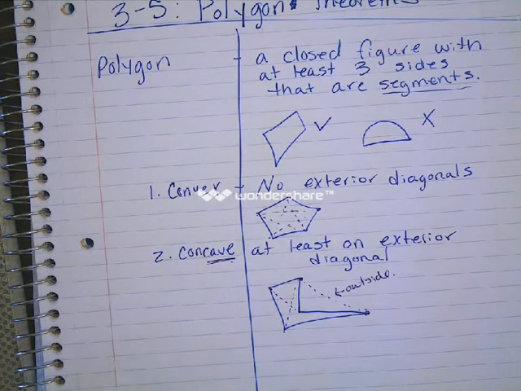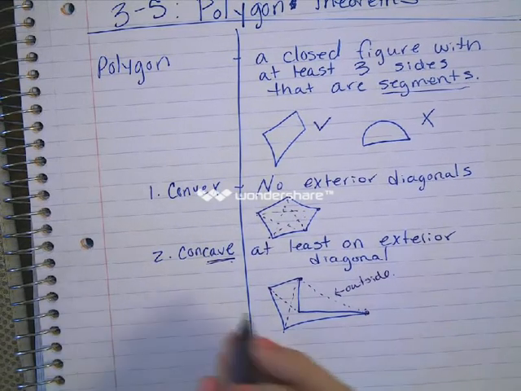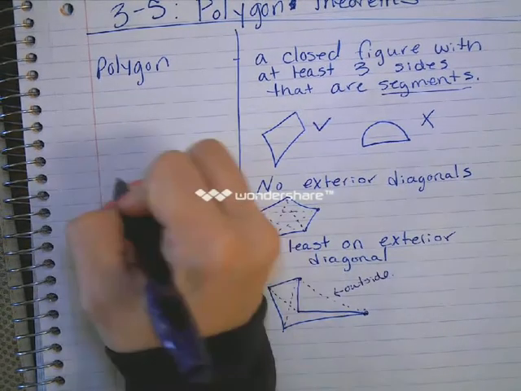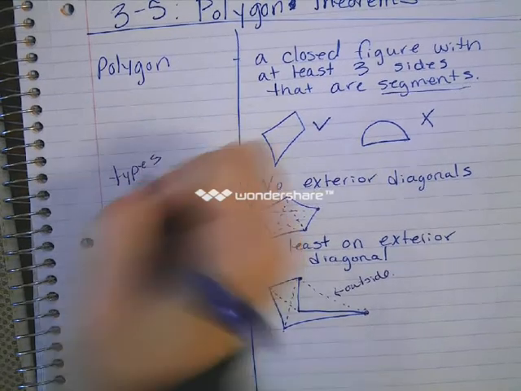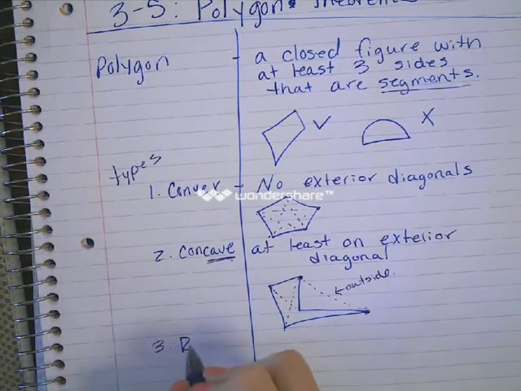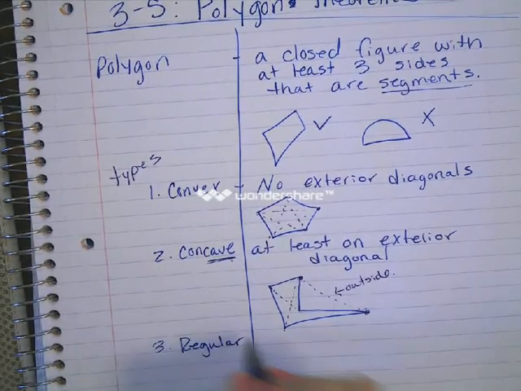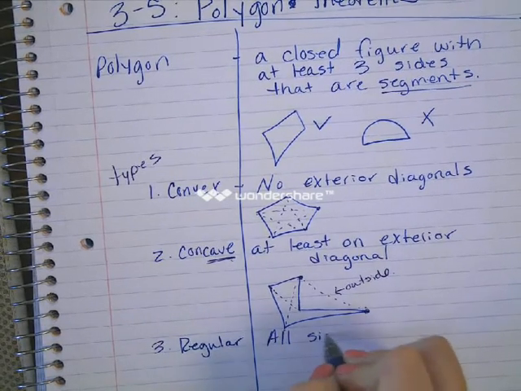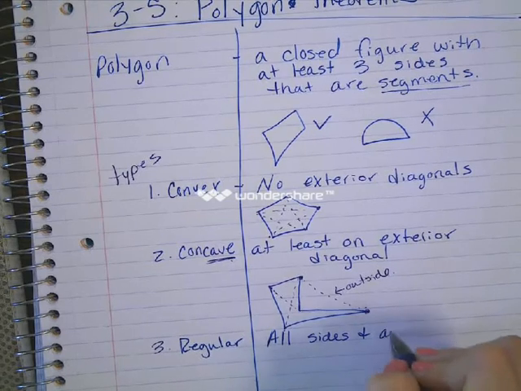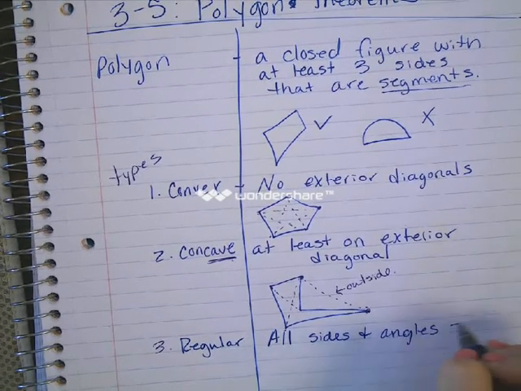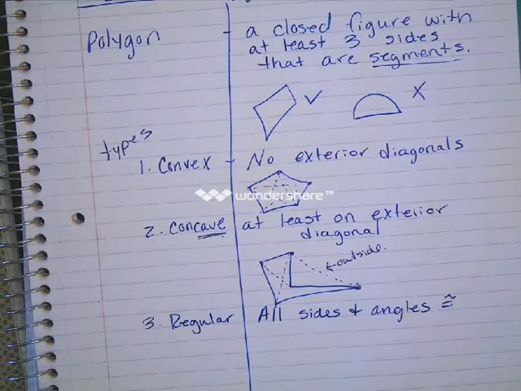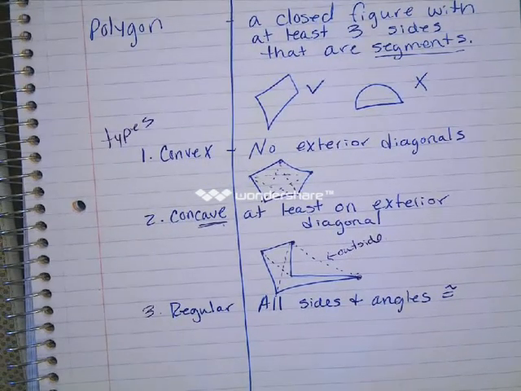Another vocab word, another type of polygon is a regular polygon. Regular means all sides and angles congruent. So if they say a regular pentagon or a regular septagon or whatever, it means all of the sides are equal.